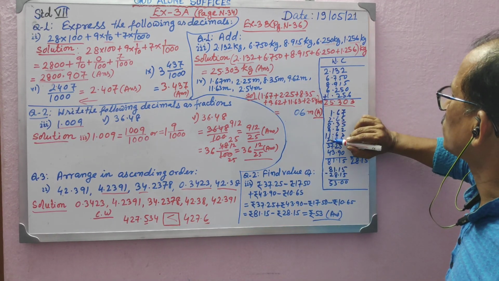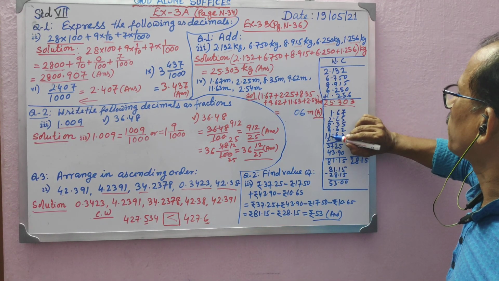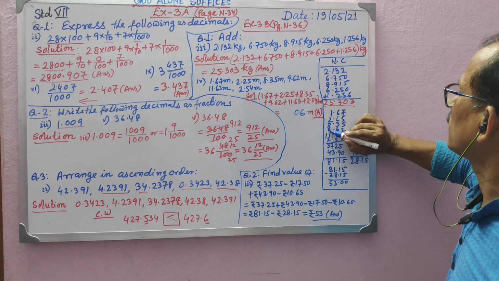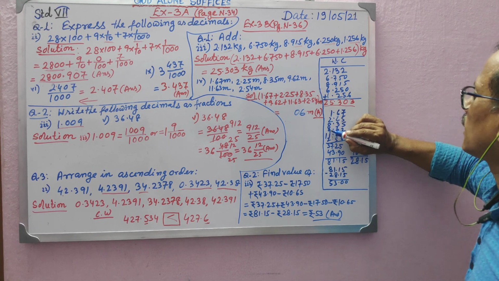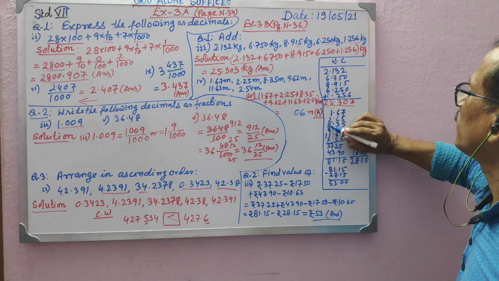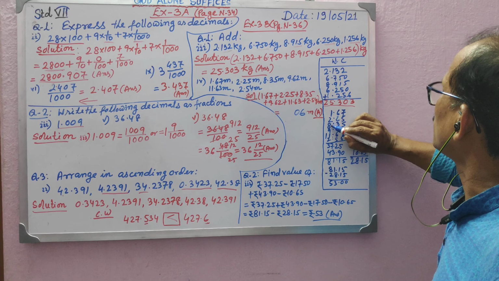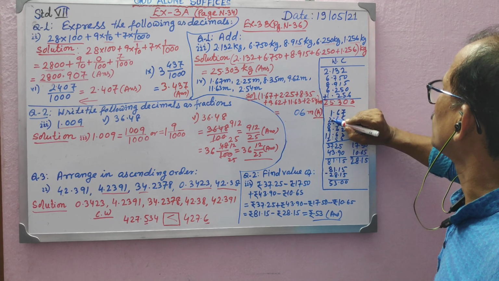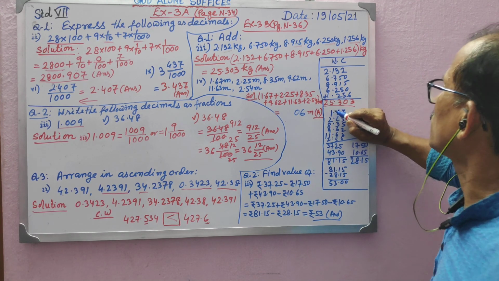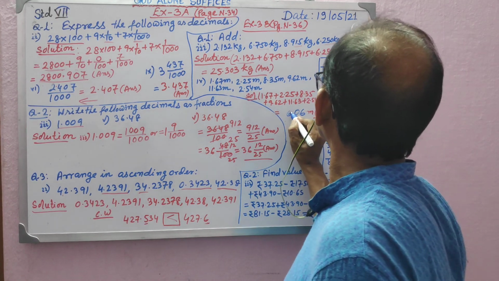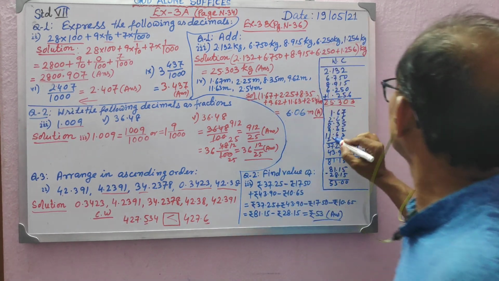Now the decimal part, you see: 3 plus 2, 5, 5 plus 1, 6, 6 plus 9 is 15, 15 plus 8, 23, 23 plus 2, 25 plus 1, 26. Now 2 carry over 3.